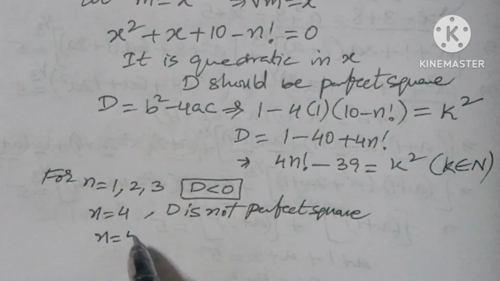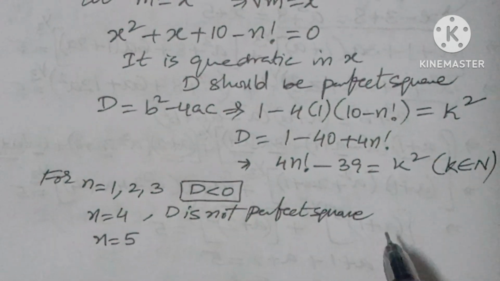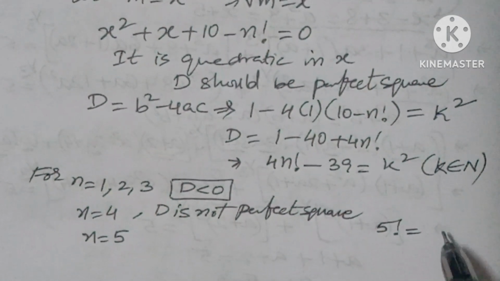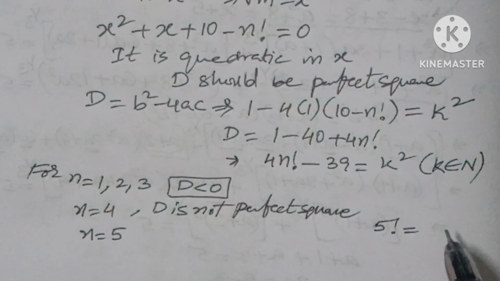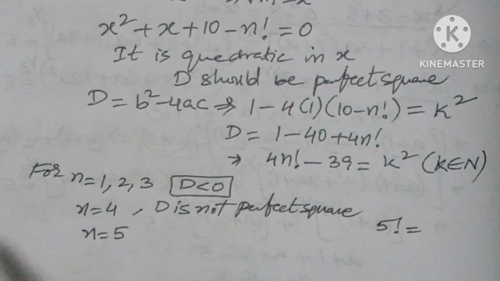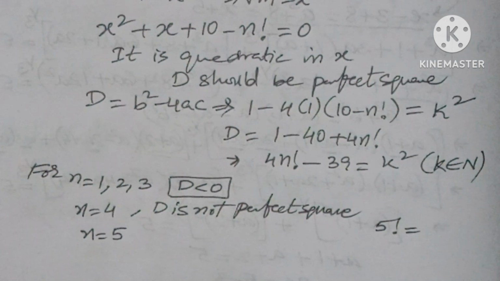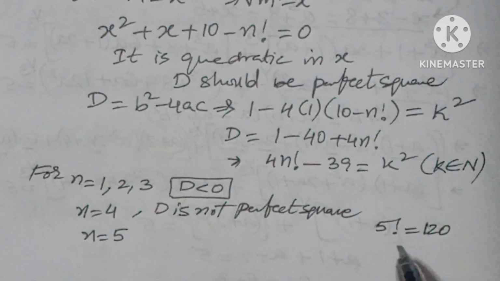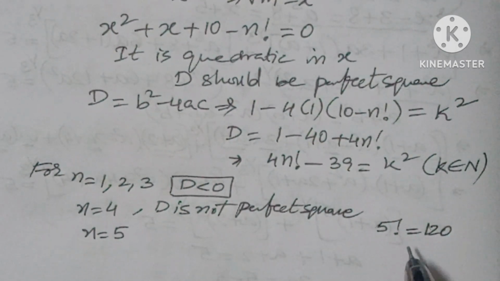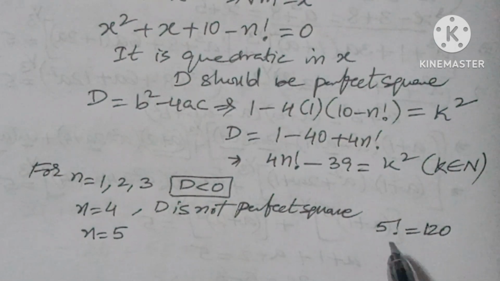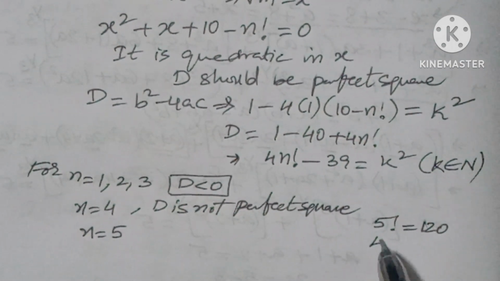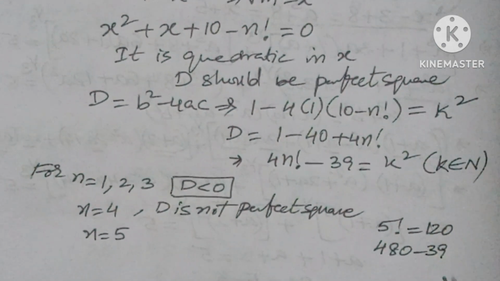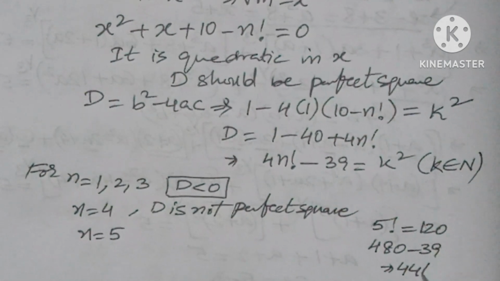For n equal to 5, 5 factorial is 120. 120 into 4 is 480, minus 39 gives 441.